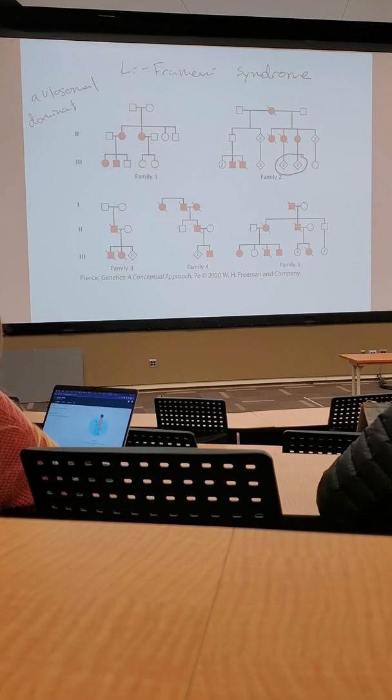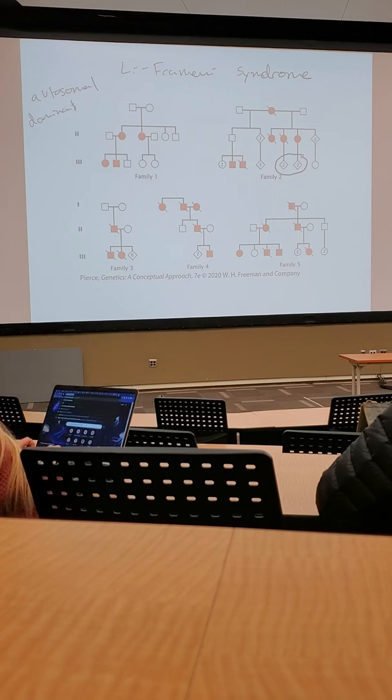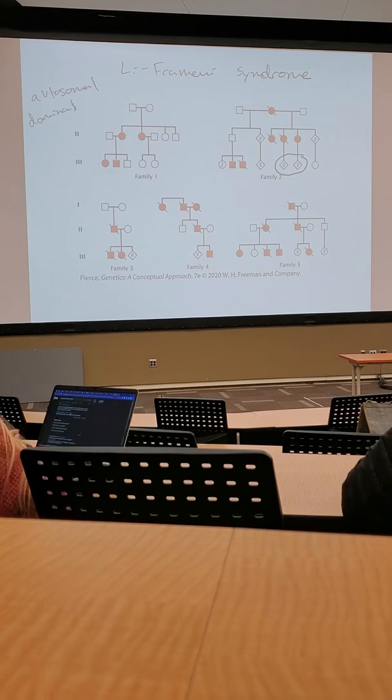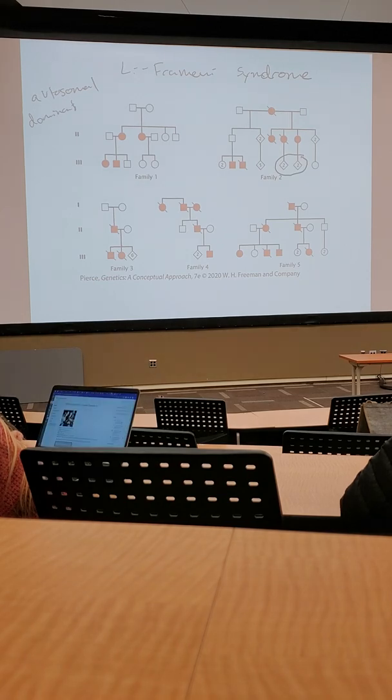I forget what the diamonds mean actually, but that's why there are some missing parts where not all of the presently affected parents have it. Maybe they're just too young. Maybe they haven't reached the age where you start to see some of these cancers, because there is an age relationship to a lot of cancers. Not all the time. So this Li-Fraumeni syndrome is actually due to p53 mutations in the germline.